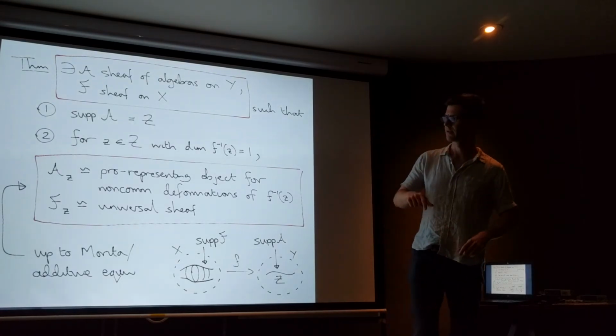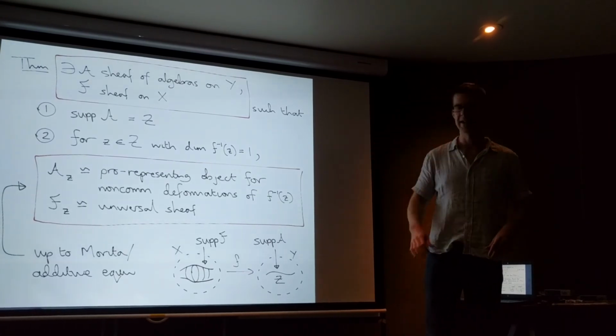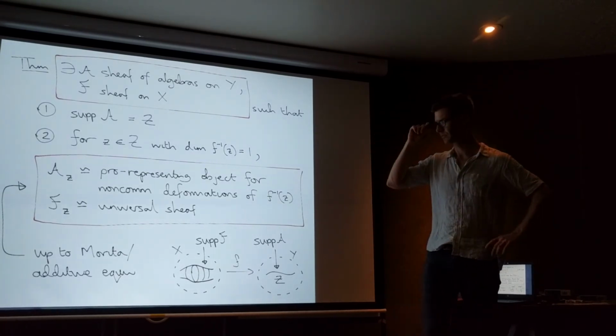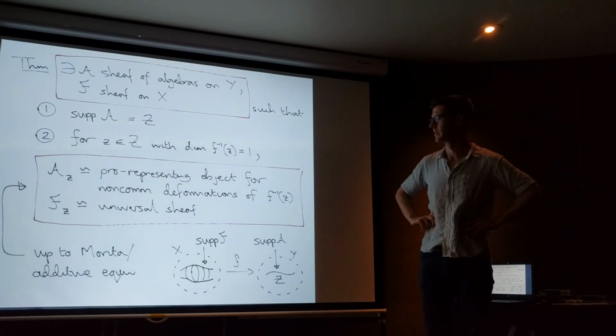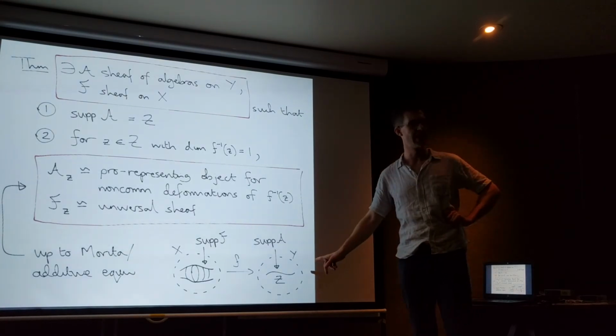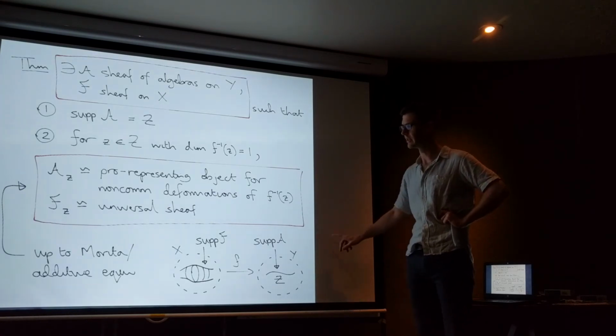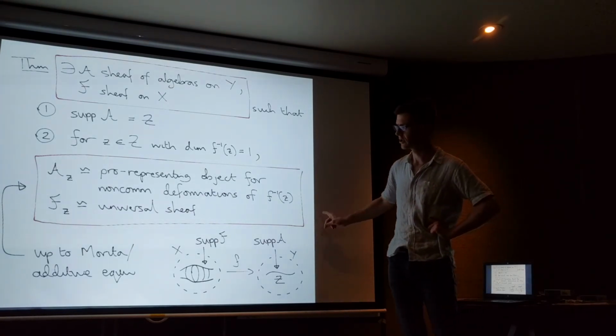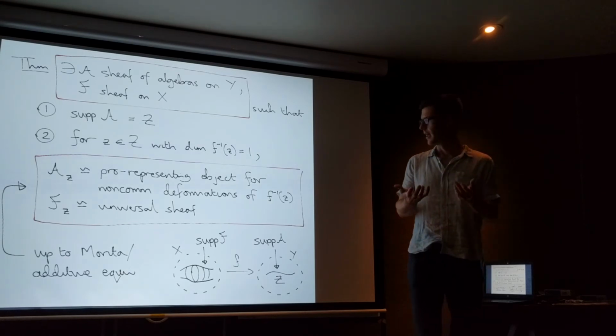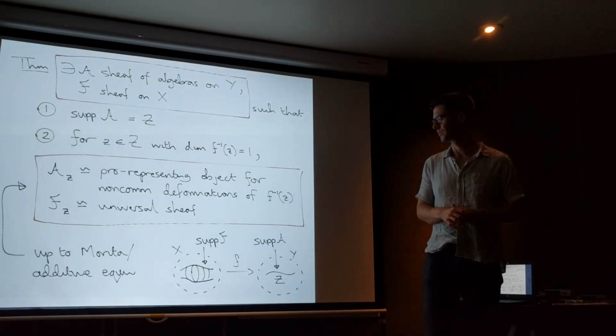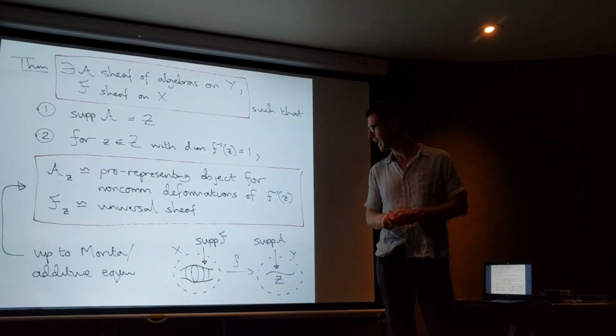And if I restrict F over Z, that gives me the universal sheaf of those deformations. As before, there's a caveat that the algebras are related by Morita equivalence, and the sheaves in this case are additively equivalent. So sums of sums.